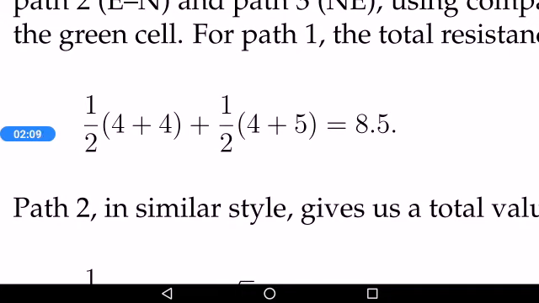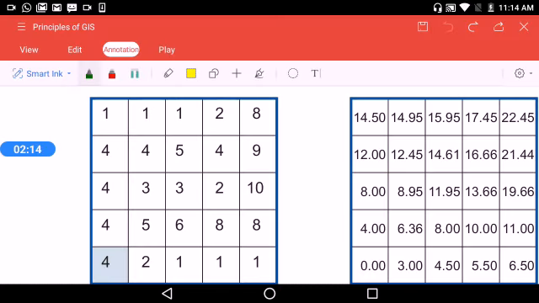Now let's take the second path, from the current cell to the east and then to the north. Going from the current cell to the east, we encounter 4 and 2, so it will be half of 4 plus 2. Then going to the north, we have half of 2 plus 5, and we add these two.